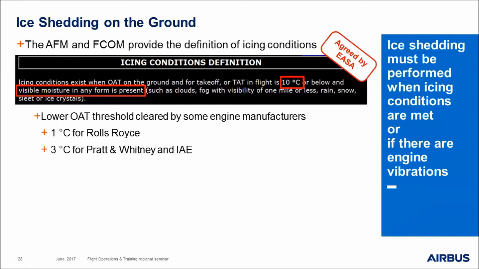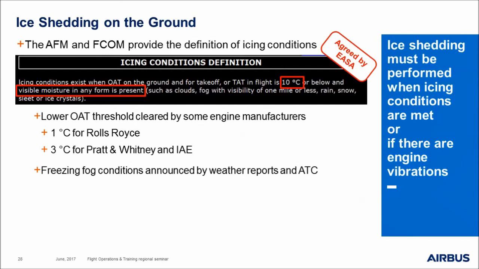Two important remarks. The OAT threshold of 10 degrees Celsius is an envelope value, and some engine manufacturers authorize Airbus to publish a lower value of OAT threshold, 1 degree Celsius for Rolls-Royce and 3 degrees Celsius for Pratt & Whitney and IAE. The freezing fog is a particular case of icing conditions.